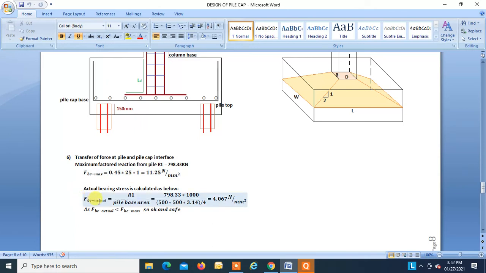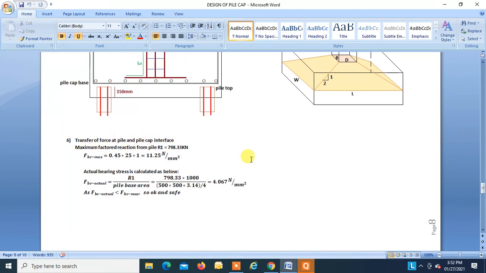Actual FBC is equal to R1 divided by the pile base area, so pi by 4 d square is the base area of the pile. R1 is known to us, so this is 4.097 Newton per mm square, which is less than FBC max, so it is safe in transfer of force between the pile and the pile cap interface. Okay, fine.